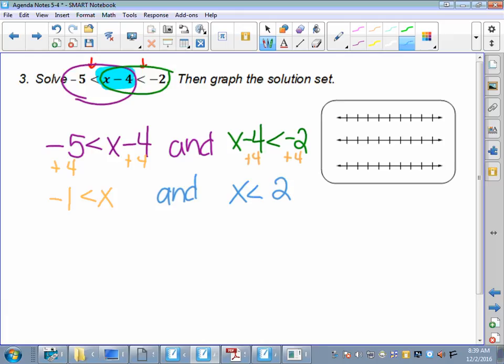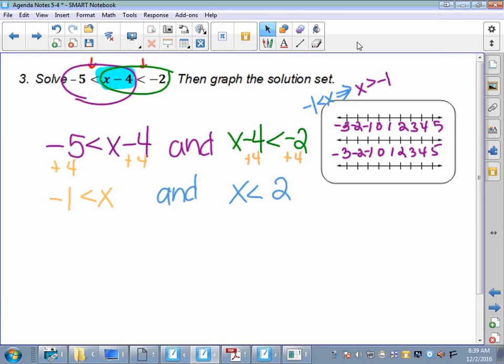So the top one, negative 1 is less than x. Of course, I'm going to switch that around, and I'm going to say that means x is greater than negative 1. So let's make this a negative. So for my first one, I've got negative 1 is less than x, or x is greater than negative 1.